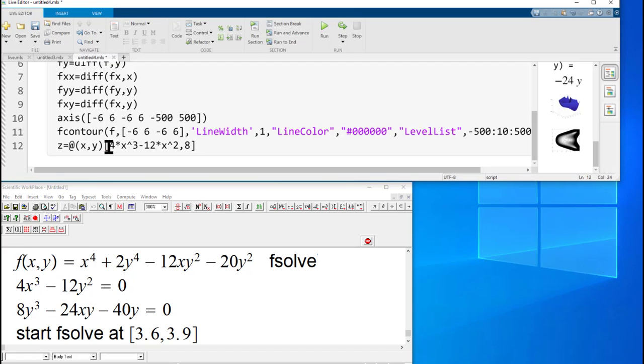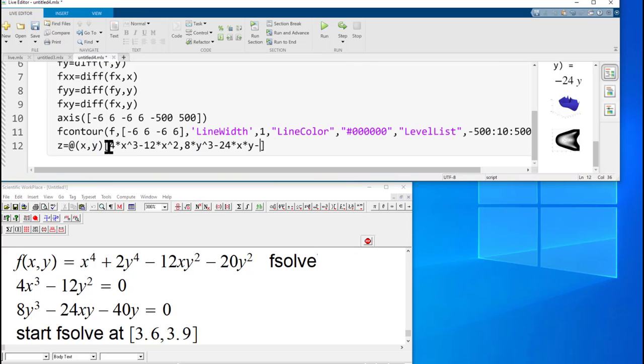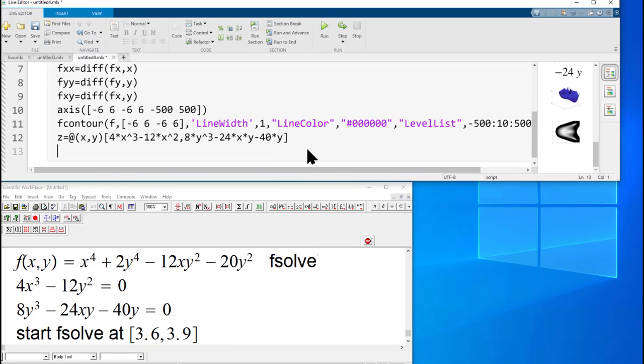In the next one, I'm writing 8y cubed minus 24x times y minus 40 times y. Okay, so this is our anonymous function defined.